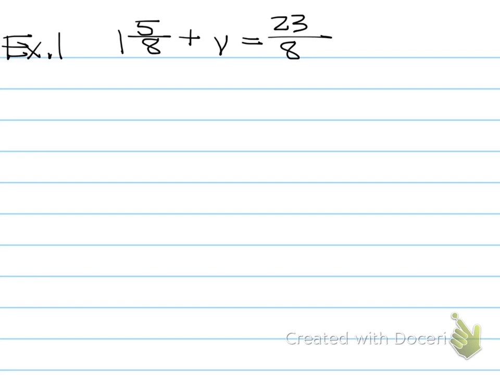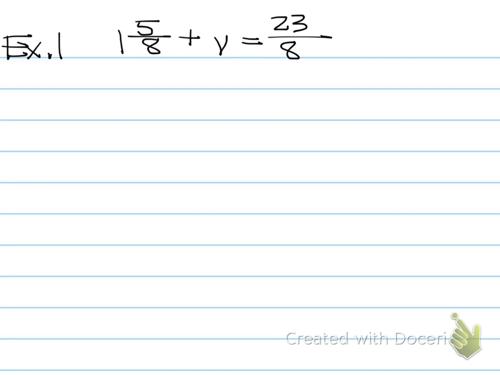The way that we write mixed numbers as improper fractions, we take the whole number in the front of the mixed number, multiply that by the denominator, and then we add the numerator. Also, if the whole number at the front of the mixed number is negative, you go ahead and just ignore the negative until you're done changing it to an improper fraction.